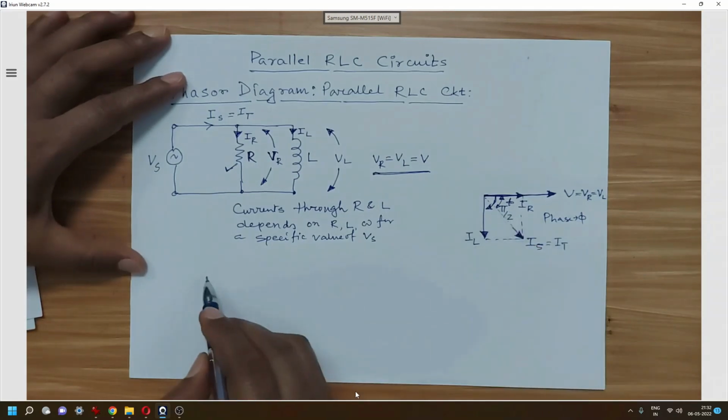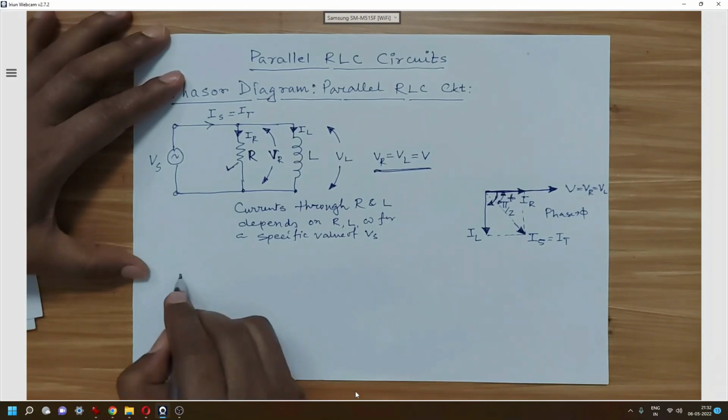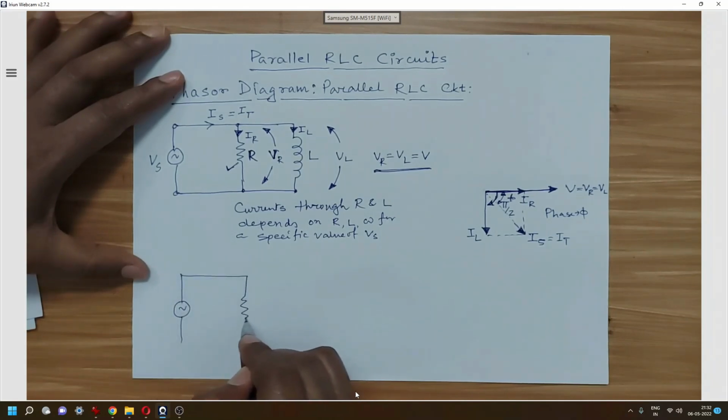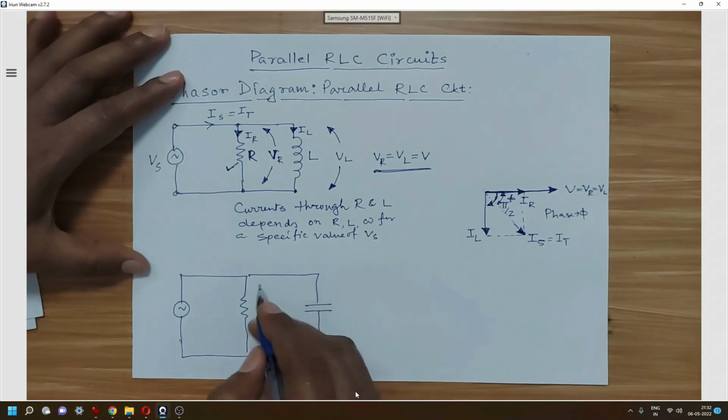So now let us consider another parallel circuit which contains one resistor and one capacitor in parallel, and we will draw the phasor diagram of this parallel circuit also.